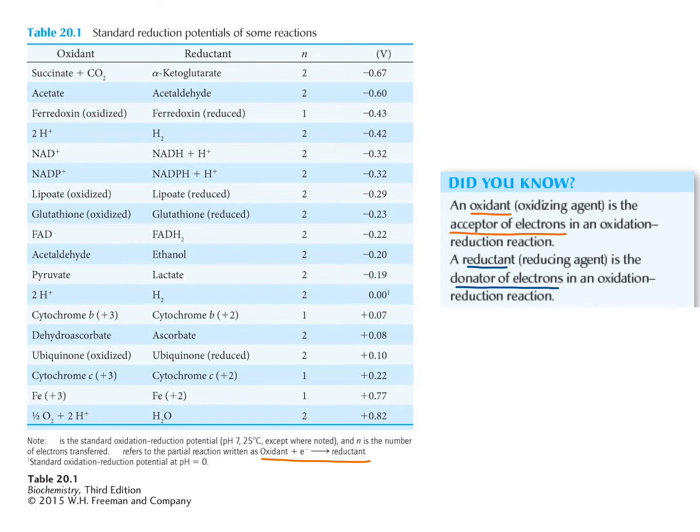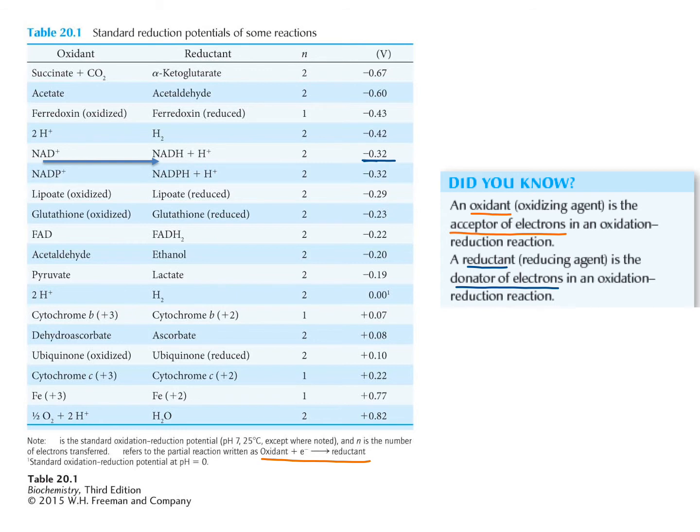This table is the standard reduction potential of some reactions, assuming the oxidant receives 1 electron to turn into the reductant. Let's look at one important reaction, NAD plus receiving 1 electron to turn into NADH. The delta E0 is a negative number, which means the delta G is positive.